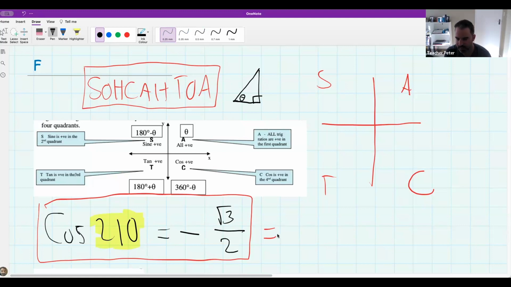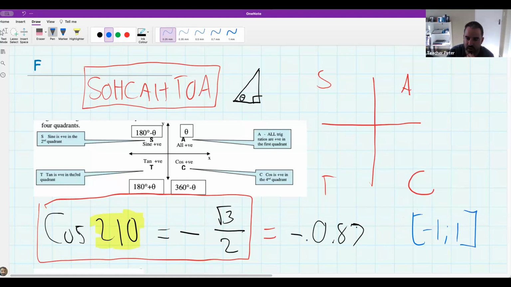That sounds a bit better, yeah. What do we get as a decimal for the cos of 210 if we put that in our calculators? And I want everyone to do this because I take the time. Okay, so minus 0.87. Now, the thing that you'll notice about cos is that cos always, unless it's been changed in some way, will always go between -1 and 1. So that's why I knew we would be in that range.